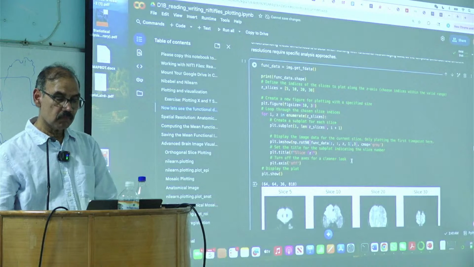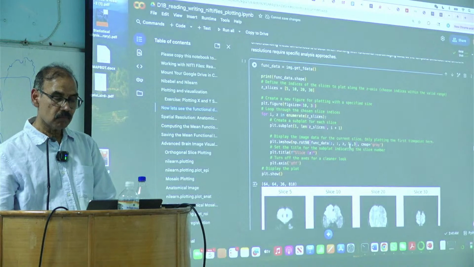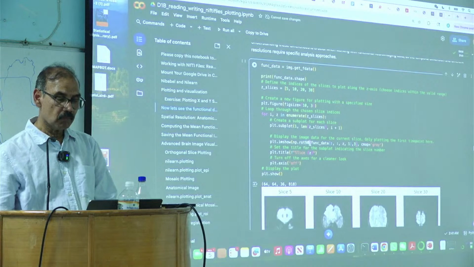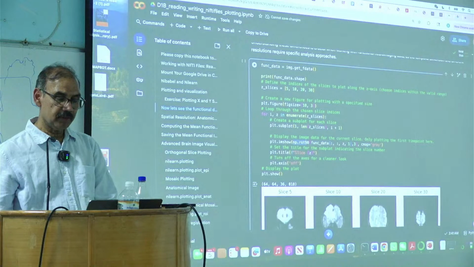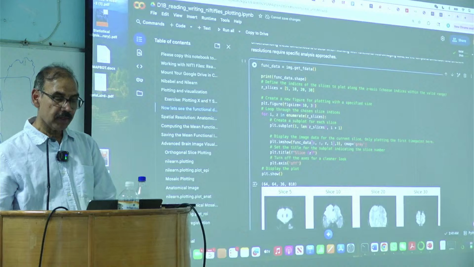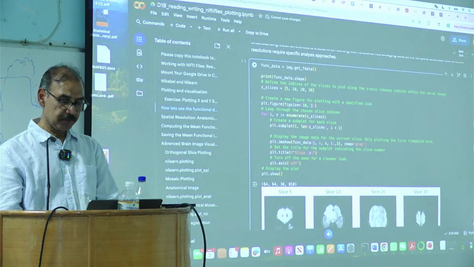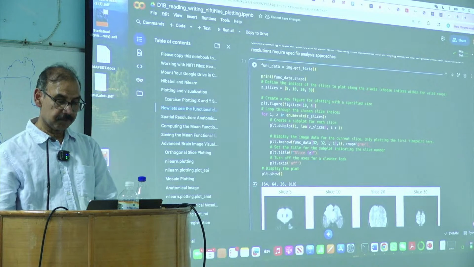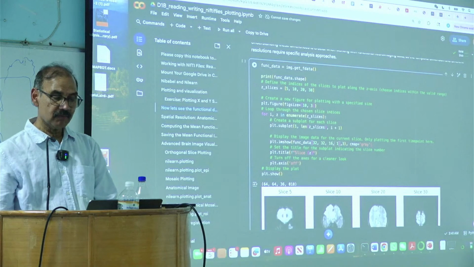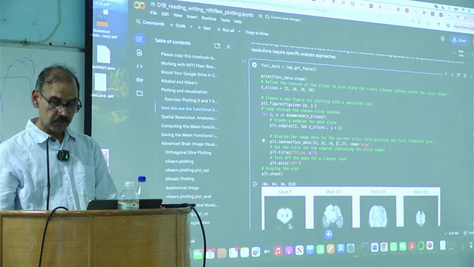Okay, maybe this is not needed. Right? imshow functional data and then colon. So instead of colon comma colon, which will display the images, we wanted 32 comma 32 comma, I think 16, then comma colon.